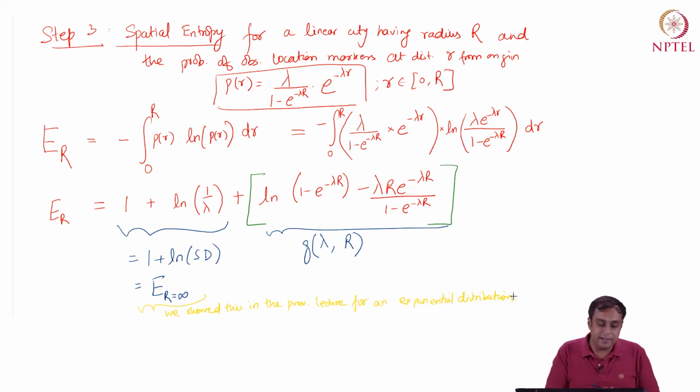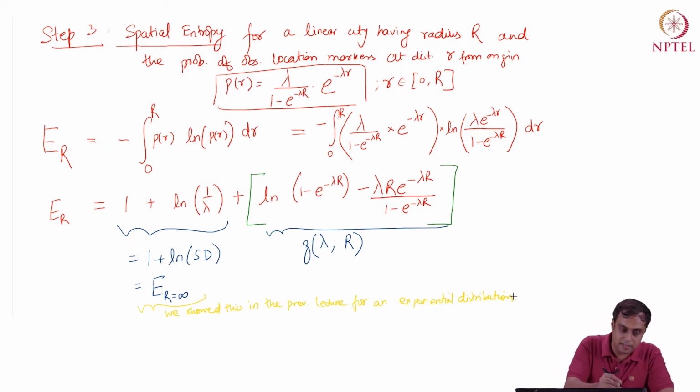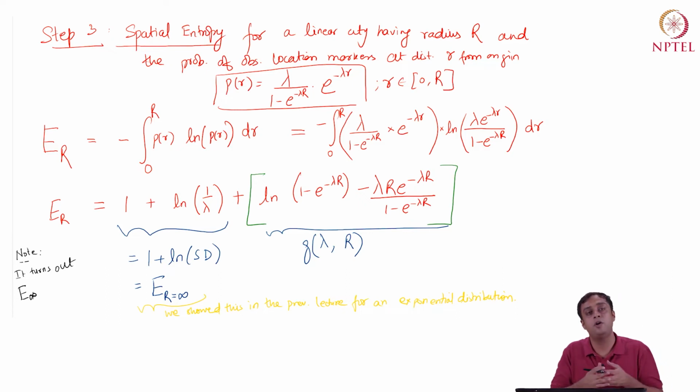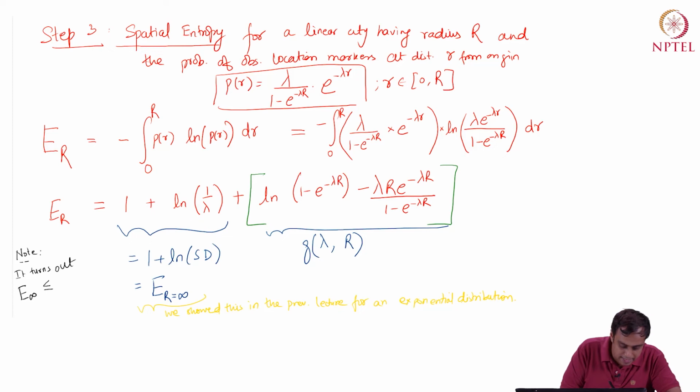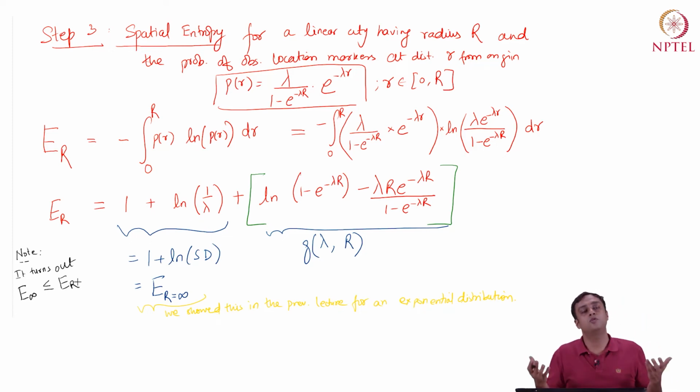Okay, and it turns out, as a note, that E infinity, which is the entropy of an infinitely large linear city, is less than or equal to that of a finitely sized monocentric city.